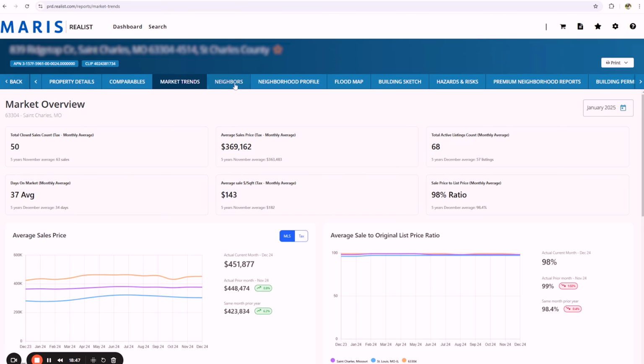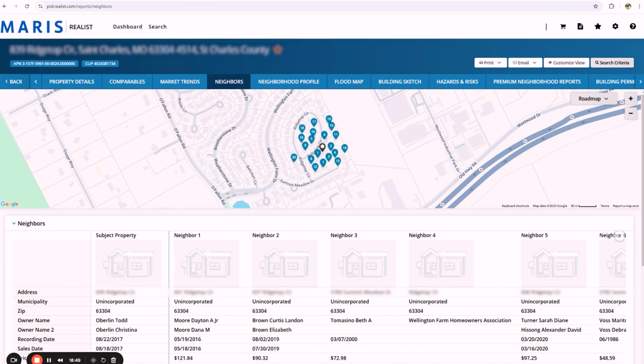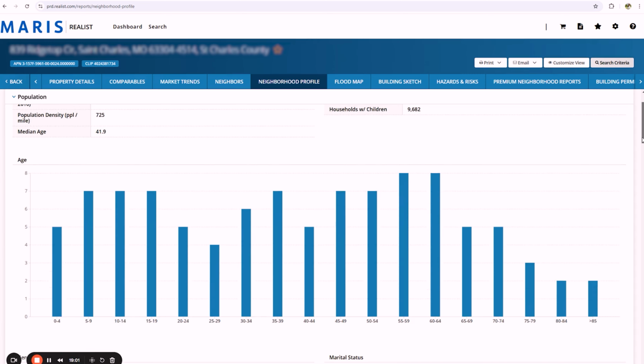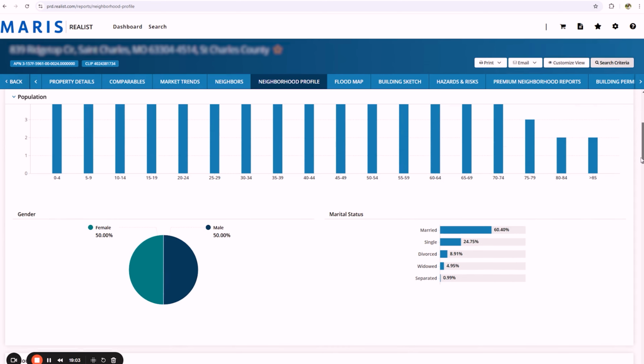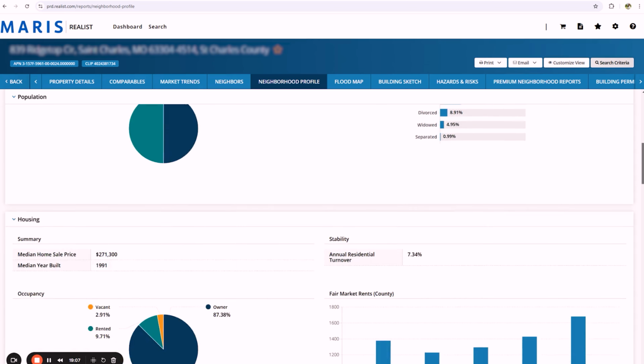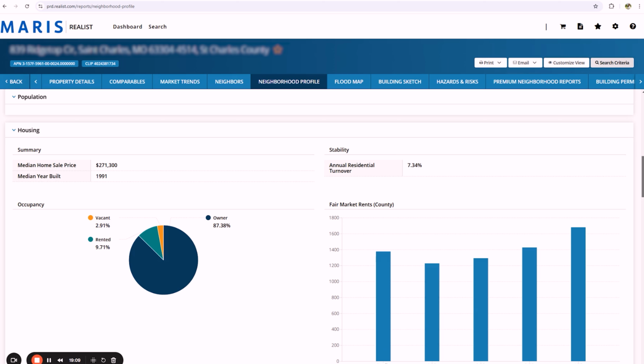Something else that I personally like, they have the neighbors tool. I like to see who's around the property and when they bought. Are they owner occupied, absentee, are they LLCs, that kind of info. And then lastly, they have this neighborhood profile, which is kind of cool. You can see actual demographics of who's in that zip code: marital status, male, female, age, education, even things like how often people are moving in or out, what percent is owner occupied versus rental.